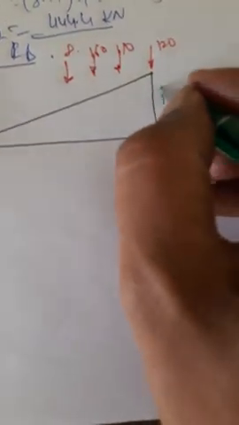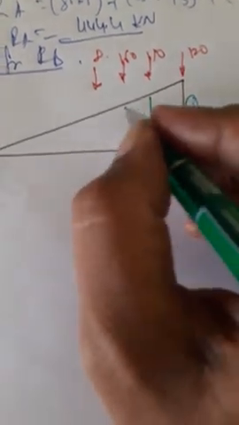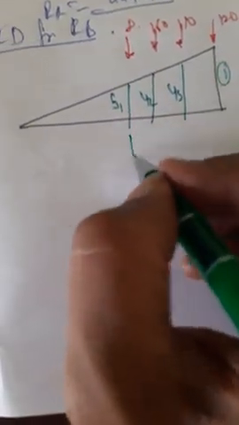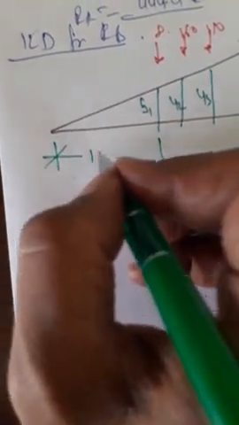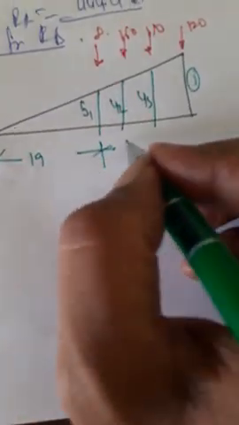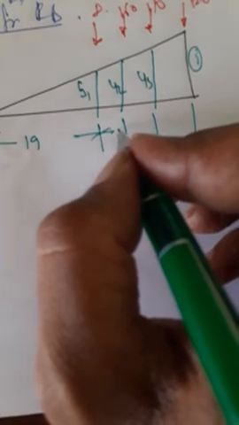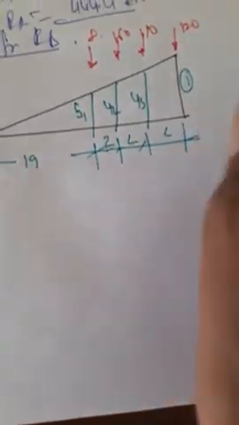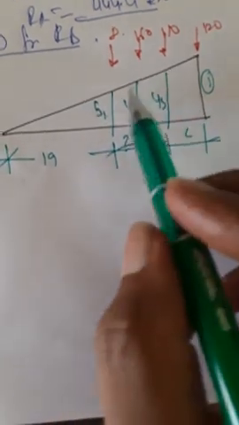This ordinate is 1, standard value. Let this ordinate be y1, y2, y3. This dimension is 19 and all these dimensions are 2, 2, 2, 2. I have to calculate y1, y2, y3.